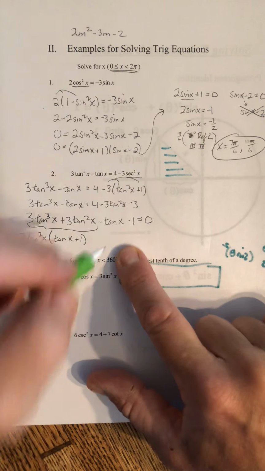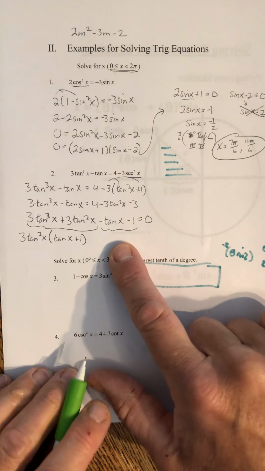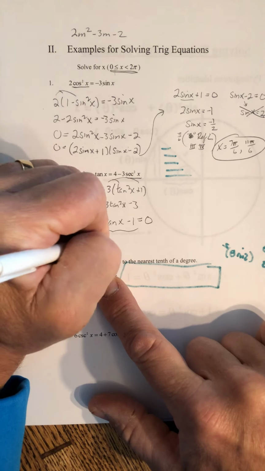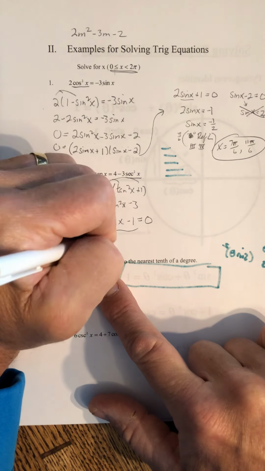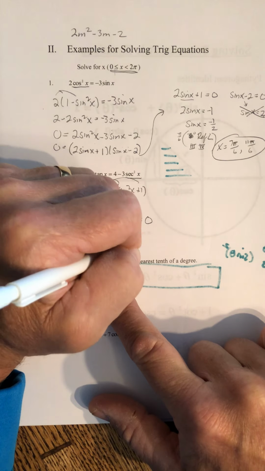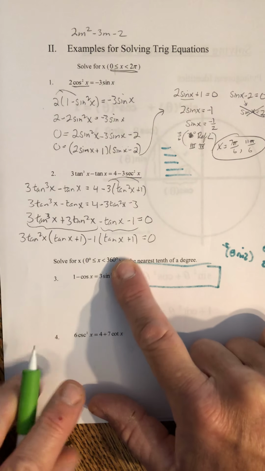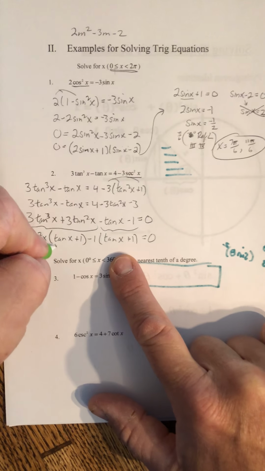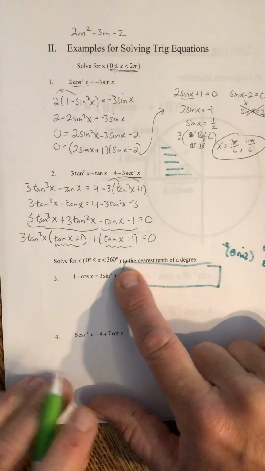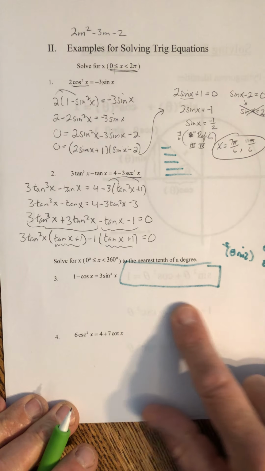Now, both of these terms that are left over are negative, so I could factor out a negative 1, and that just makes it a tangent of x plus 1 inside there. And this is going to be successful because I have the same quantity showing up in the parentheses there.